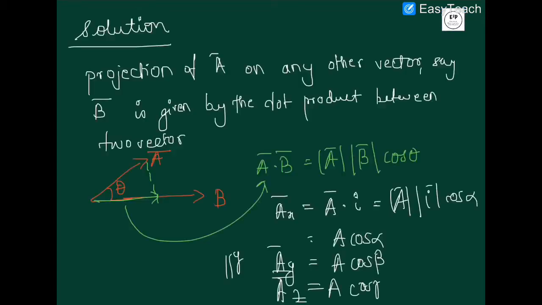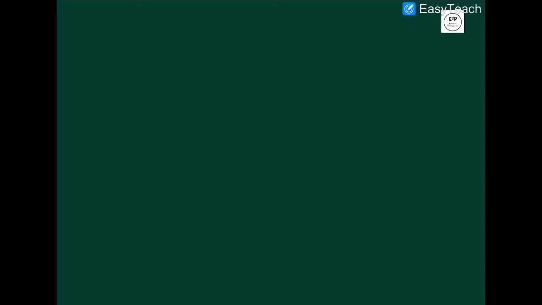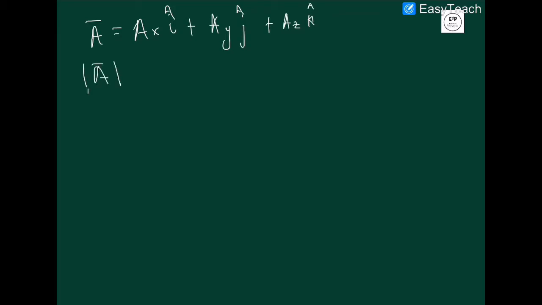Now we know that our A vector is something like this: AX i cap plus AY j cap plus AZ k cap. Now the mod of A, that is the magnitude or absolute value of A, is defined by the square root of AX square plus AY square plus AZ square.